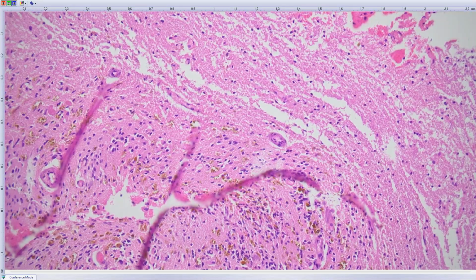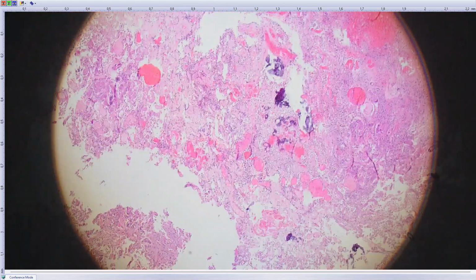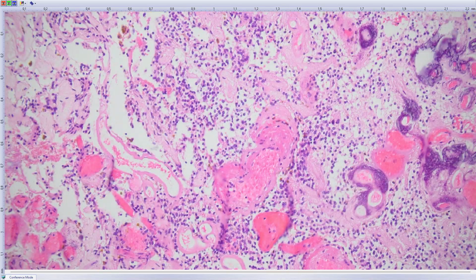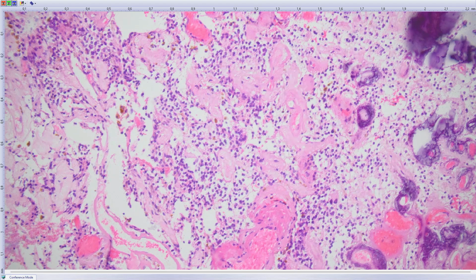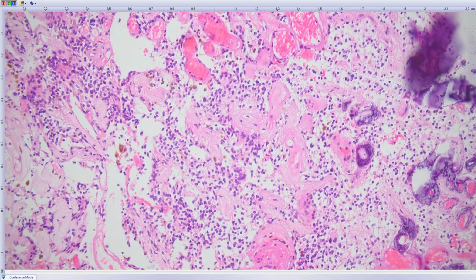Okay, so maybe some old hemorrhage. Just based on histomorphology, I had no clue. Okay, maybe some perivascular papillary arrangement. So this is something low grade, could be pilocytic astrocytoma, yes, of course, some neuronally differentiated lesion, yes. Okay.